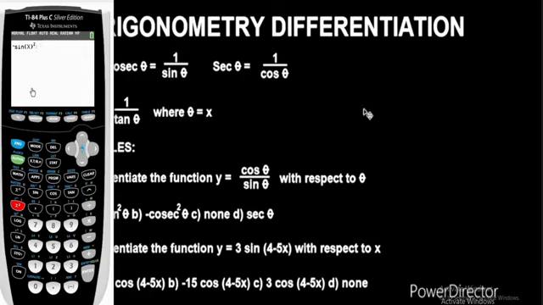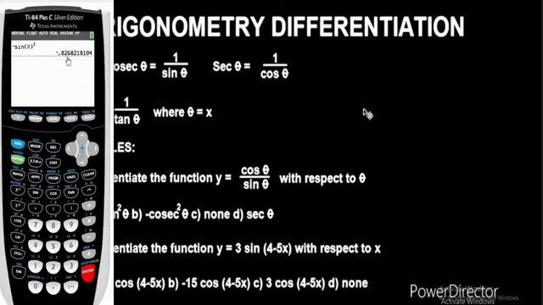Another way you can do it, if you don't want to follow this pattern, is to do minus sine x times minus sine x, because sine square theta means sine theta times sine theta. You get the same value. So if you press enter now, we have minus 0.826. So this is the wrong option.